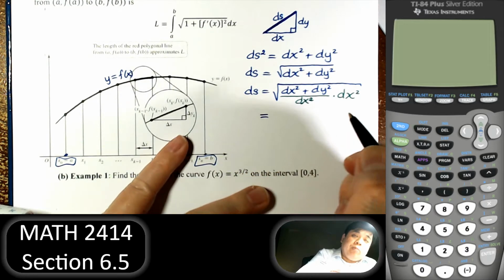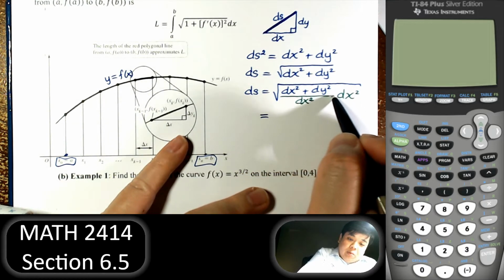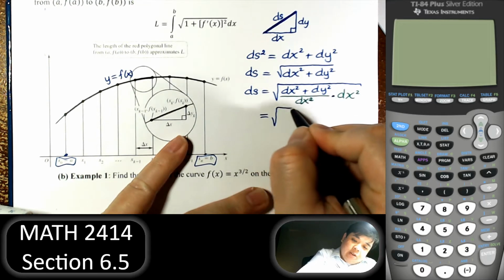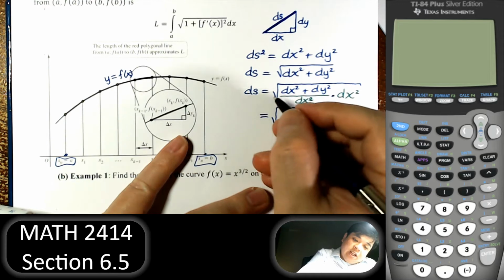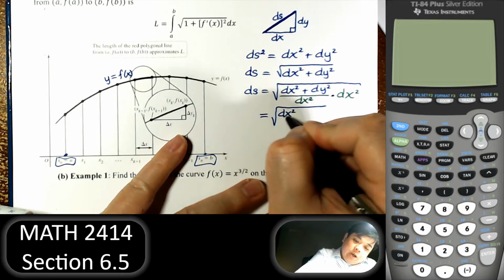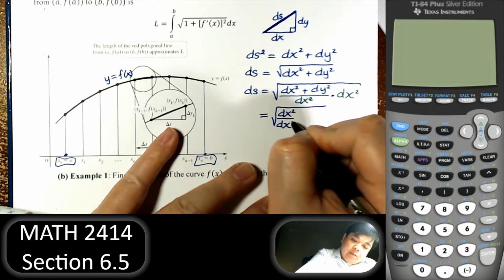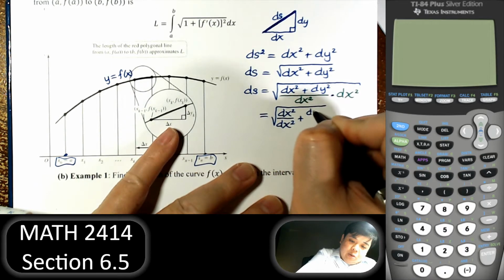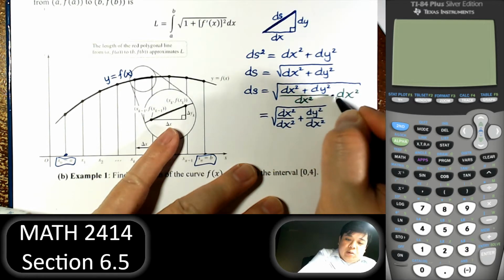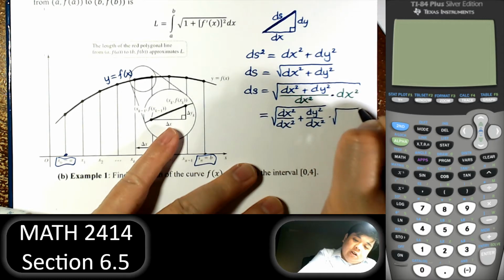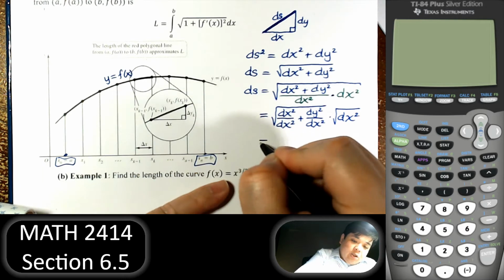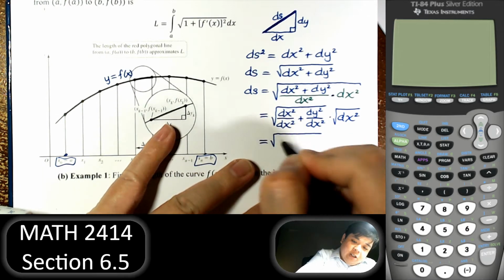Right, now when we take the square root of a product, we can take the square root of each factor. So first the square root of dx square over dx square plus dy square over dx square, and then multiply by the square root of dx square. Dx square over dx square is 1.